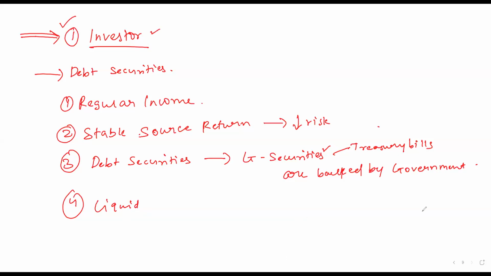Now the question is, who all issues debt securities? Who are the people or institutions who issue debt securities? The ones who issue the debt securities are called issuers. And who are these issuers?